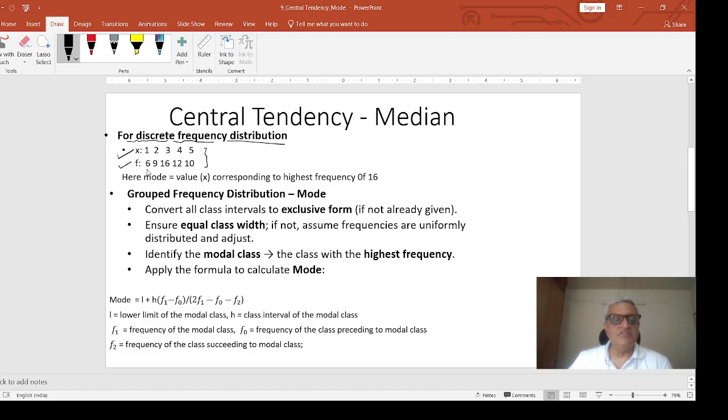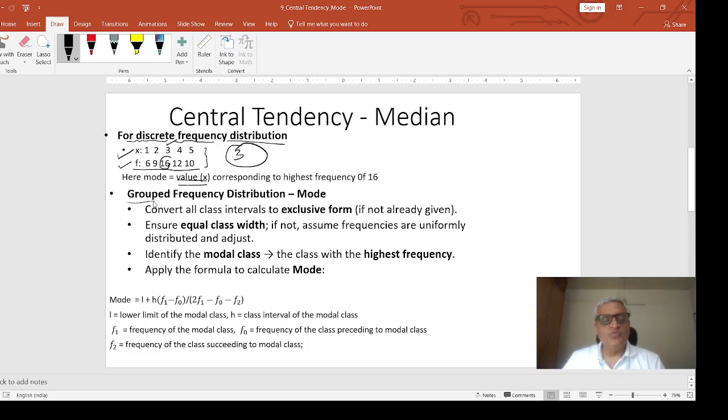This is my frequency distribution, right? All that I have to do is find out the highest frequency. My highest frequency is 16, and 16 is against the x value of 3, and that is the reason why the mode is 3. This is very simple to find out as far as a discrete frequency distribution is concerned.